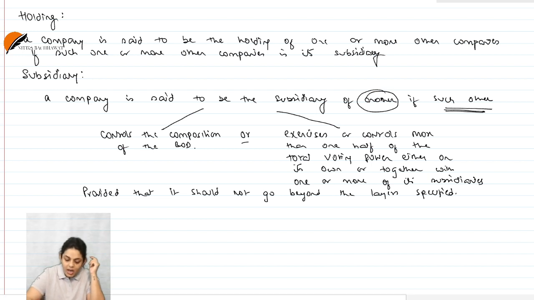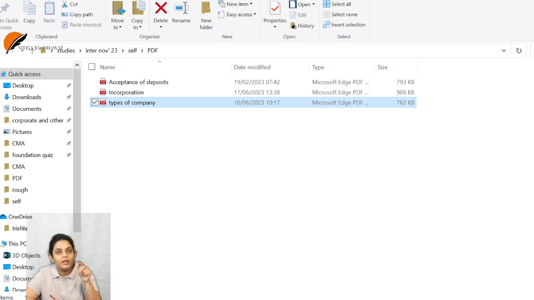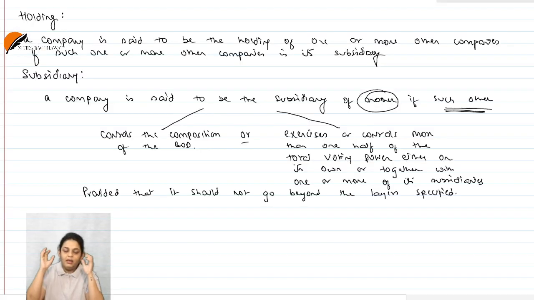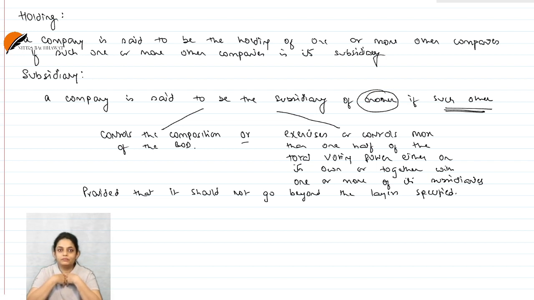The company controlling the composition will be holding. Please understand, the simple logic is I am controlling, so I am holding. You are controlled, so you are subsidiary. If I am controlling, I am holding. You are being controlled, you are subsidiary.